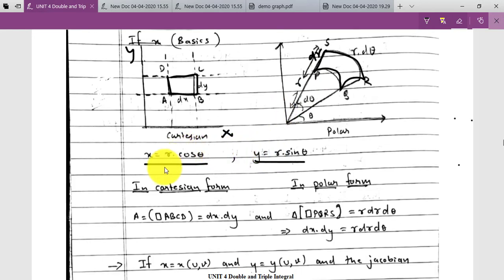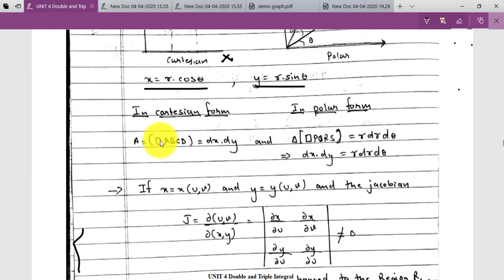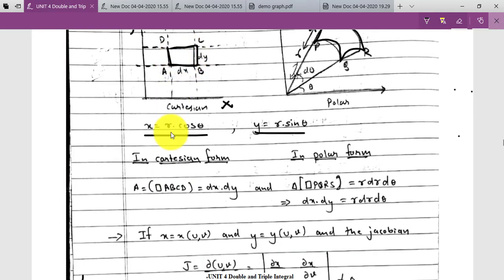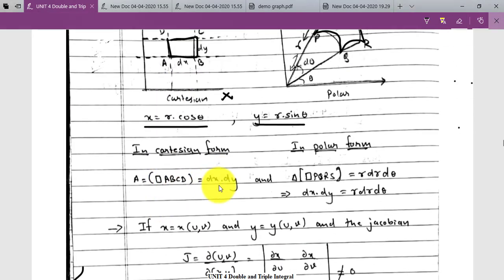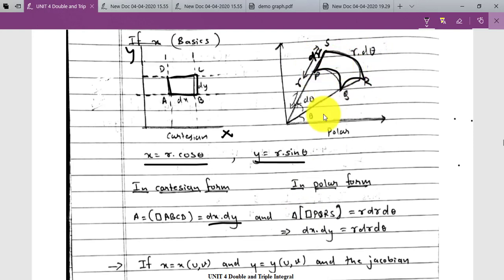Now see here, whenever I want to change from Cartesian to polar form, I can write x is equal to r cos theta and y is equal to r sin theta. Therefore the area of the small section a, b, c, d is dx dy, and the area of p, q, r, s will be r dr d theta.